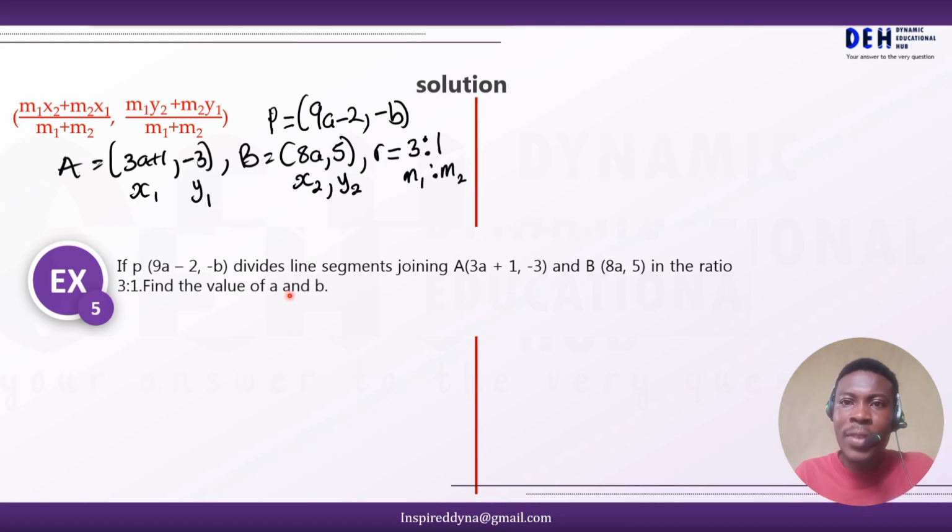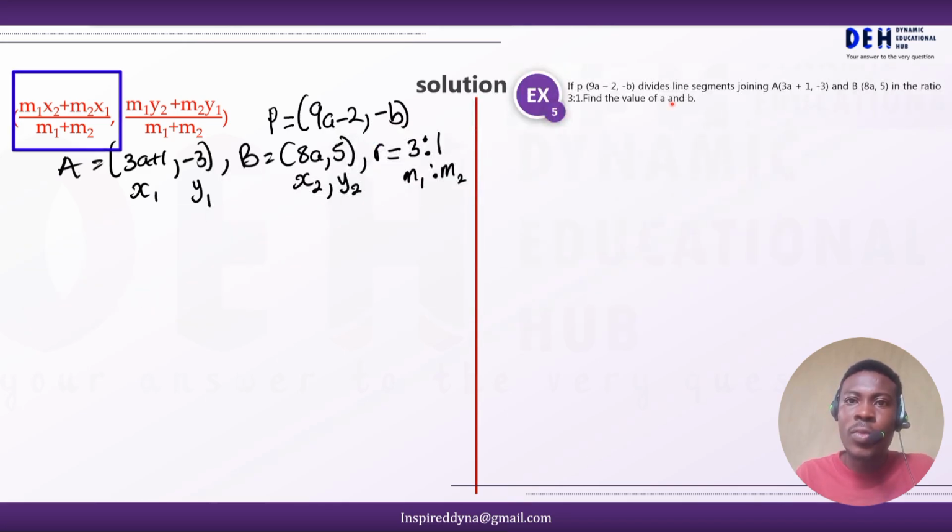Let's go ahead, having it at the back of our mind that m1 is 3, m2 is 1, and we know x1, x2. The formula is m1 x2. What is m1 here? M1 is 3. x2 here is 8a.